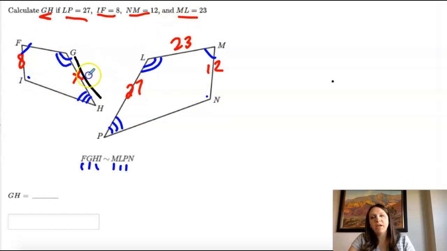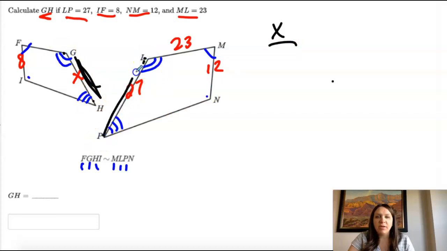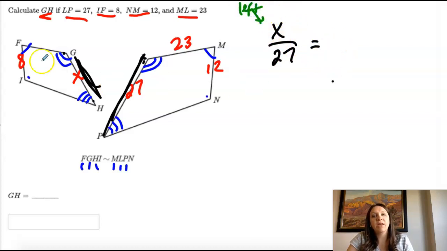So that's going to help me just make sure I'm lining up the right sides. So I'm going to start with X and see how that's between my 2 and 3 angle. So over here, my 2 angles L, my 3 angles P. So X goes with 27. And then I started on the left, so I need to do that again.